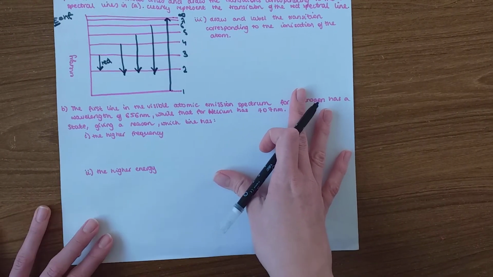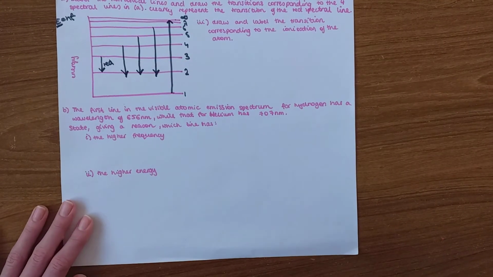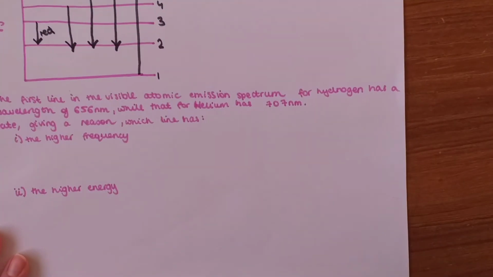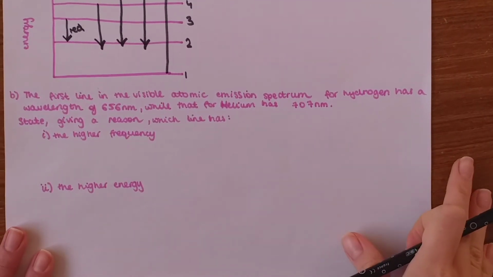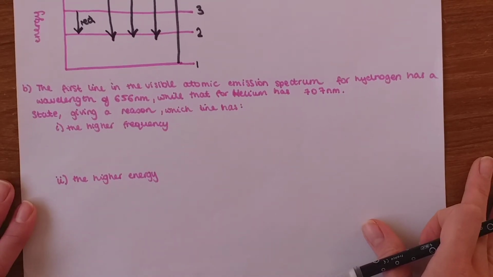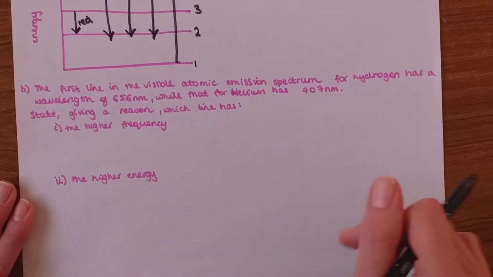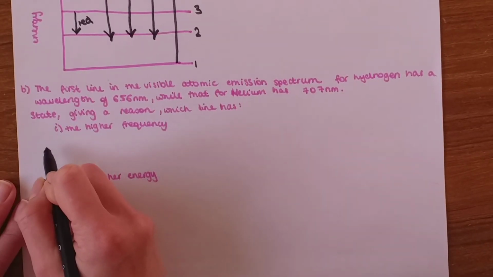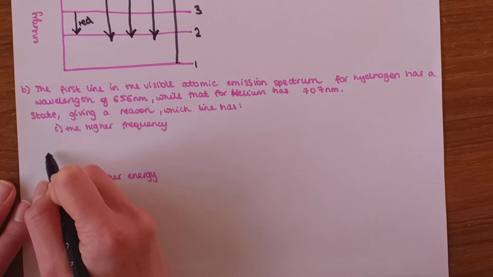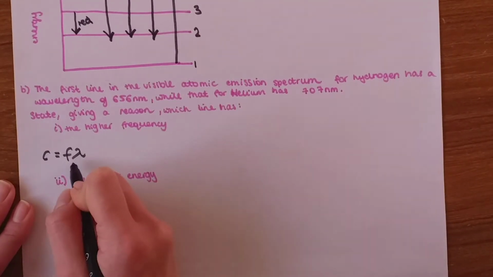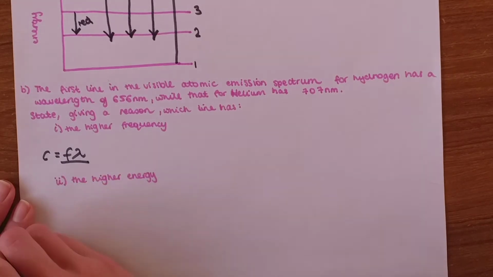Okay, next bit. The first line in the visible atomic emission spectrum for hydrogen has a wavelength of 656 nanometers, while that for helium has 707 nanometers. State, giving a reason, which line has the higher frequency. So the relation between frequency and wavelength is c equals f lambda. So they are directly proportional.